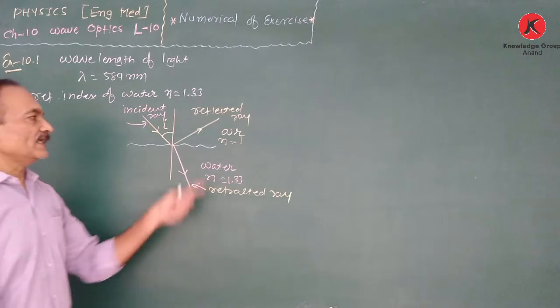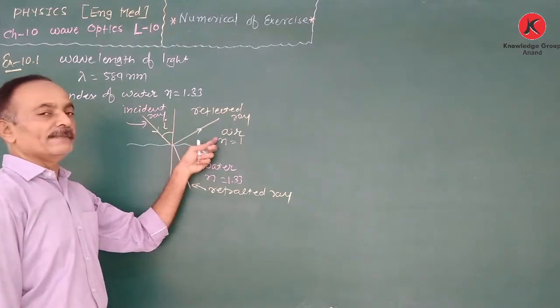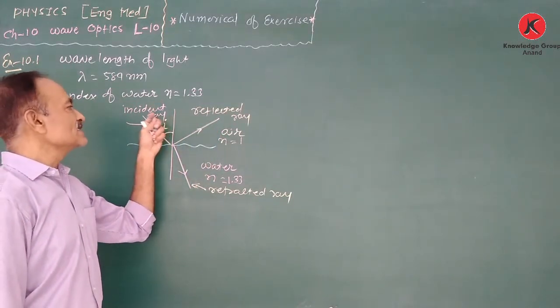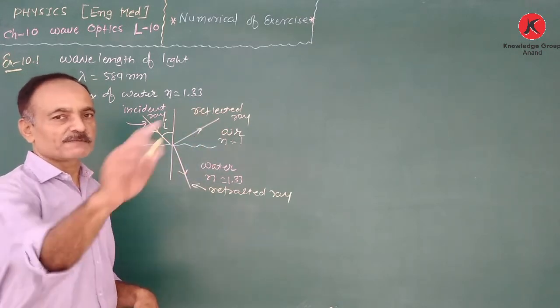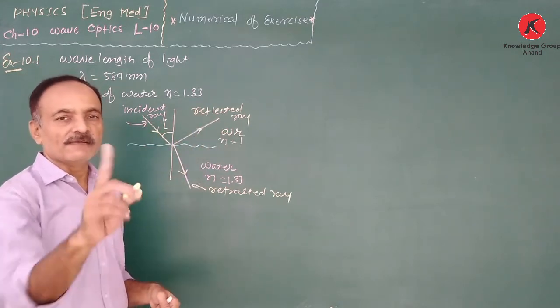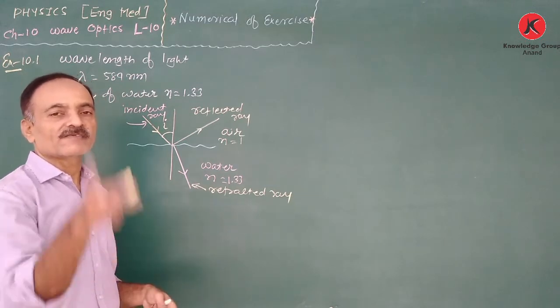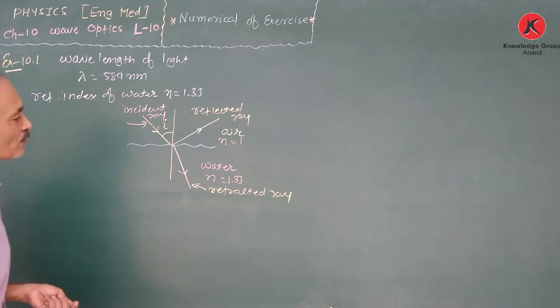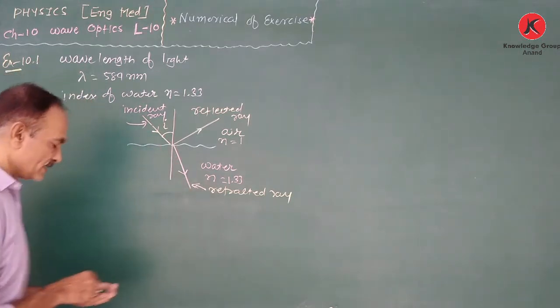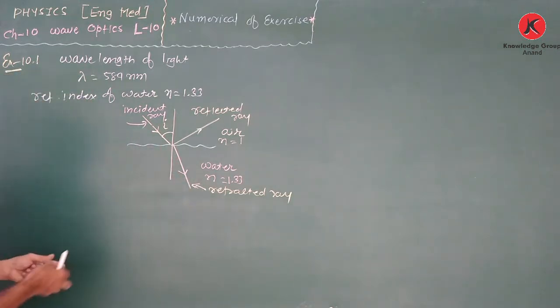Now the reflected ray is in the same medium, that means in the air medium. That means the incident ray and reflected ray are both in the same medium. Therefore the speed is the same and the wavelength is also the same, only the frequency is changed. Here we are going to calculate the frequency, the wavelength and the speed.